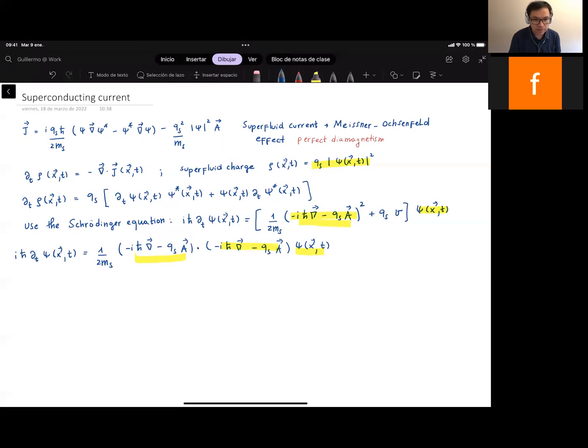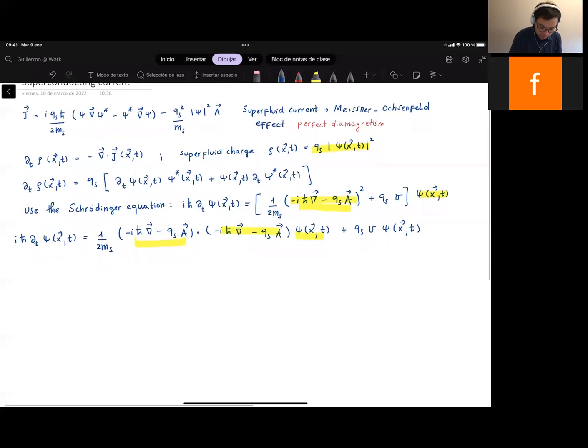So we have this expression plus QS, the scalar potential times the wave function. So we have 1 over twice MS. So we have minus i ħ, this operator minus QS times A dot.